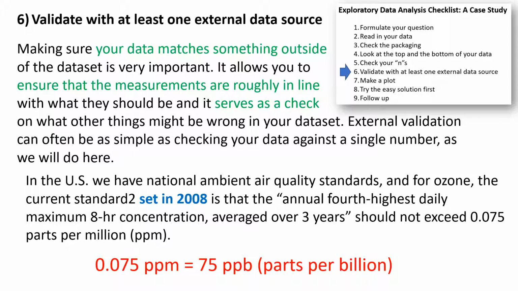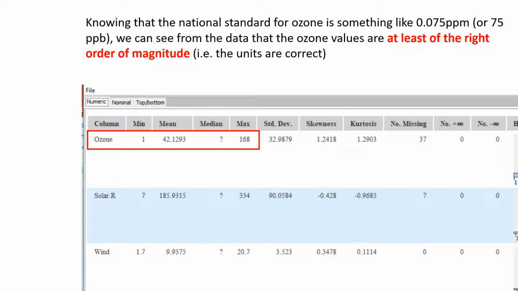So that's the value we're going to be looking at, 75. We're going to look at our ozone levels in our data and see if they are in that ballpark somewhere. If we look here, we see that for ozone, the minimum value was 1 and the maximum value is 168. Now, the 75 is what we're looking at, and 75 is kind of in the middle there.